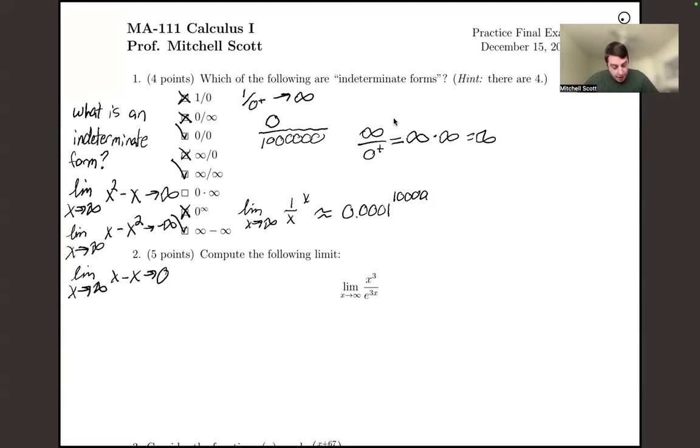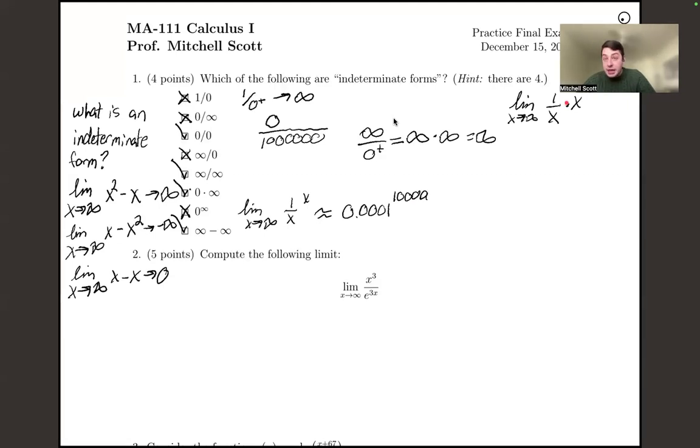Okay. So that means, last but not least, we have this 0 times infinity. It's really important that we understand that 0 times infinity is also going to be indeterminate. I'll show you a quick example. Maybe we have something like the limit of 1 over x times x as x goes to infinity.